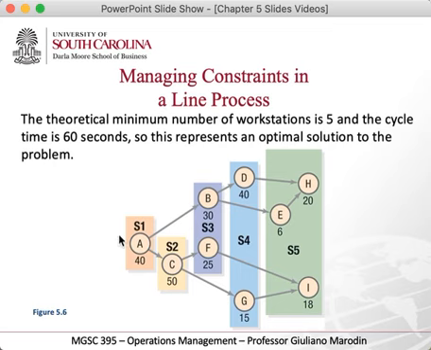In this case, A is one workstation, C is another one. The third workstation will be doing activities B and F. The fourth workstation is going to be doing D and G, and the fifth workstation will be doing E, H, and I. So you can do more than one work element, and that's the goal: find out how many workstations I need.